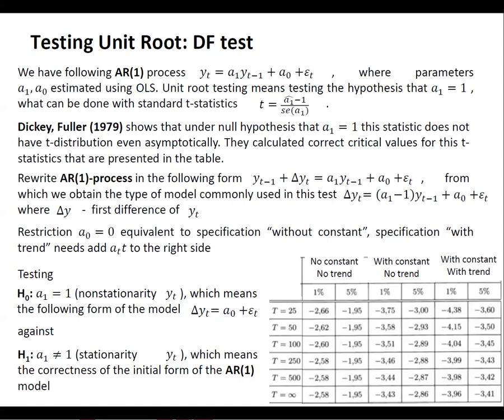When is a specification with a constant used, and when is a specification with a trend used? If considering H0 for some reason, we have reason to believe that the original tested model should have a theoretical constraint A0 equals 0, then we use the version without constant and without trend.